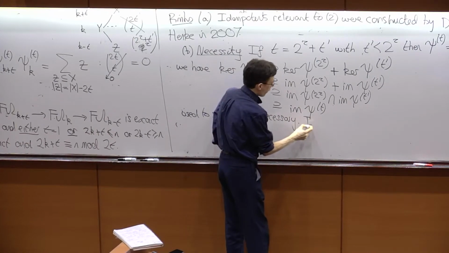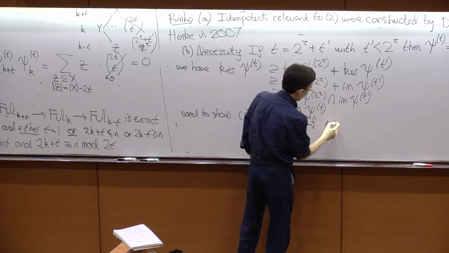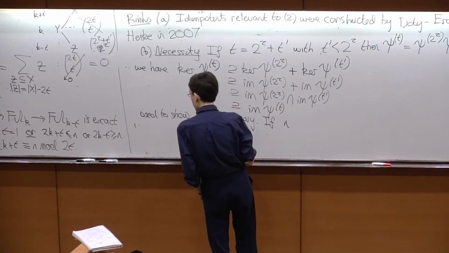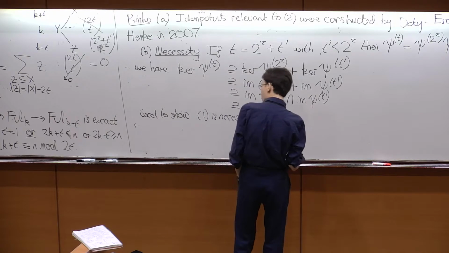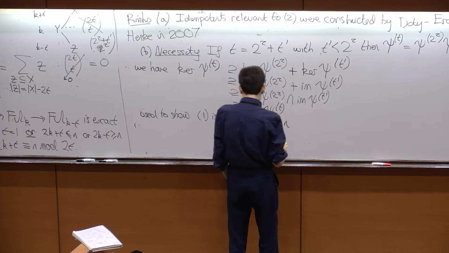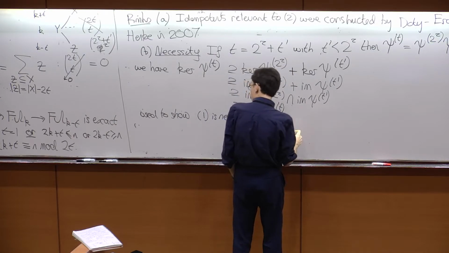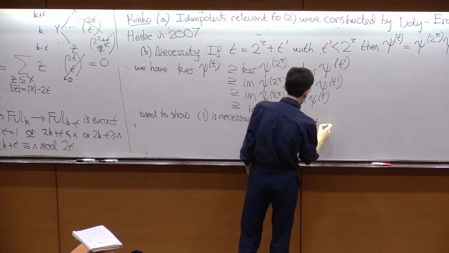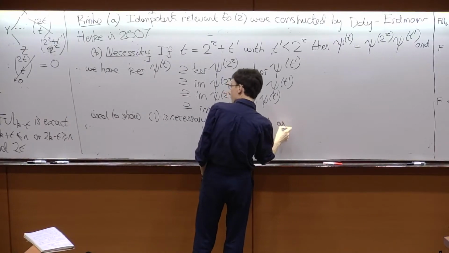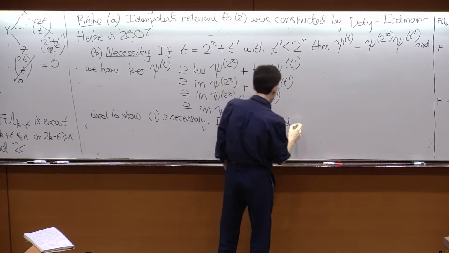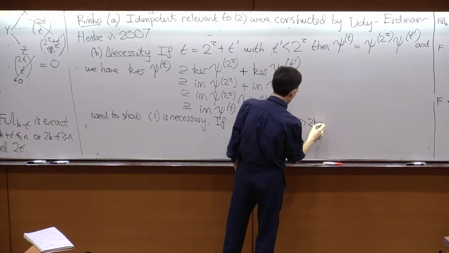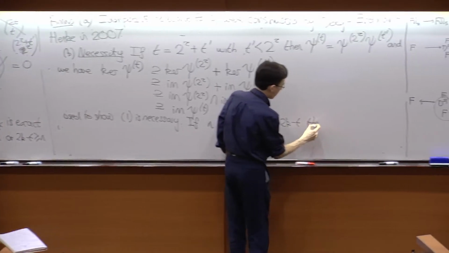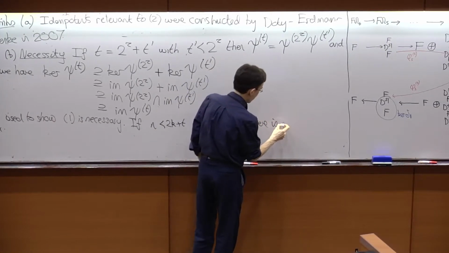And if n is not in the range there, so if n is less than 2 to the k plus t and n is greater than 2 to the k minus t, well then there is a very simple reason why it can't be exact.